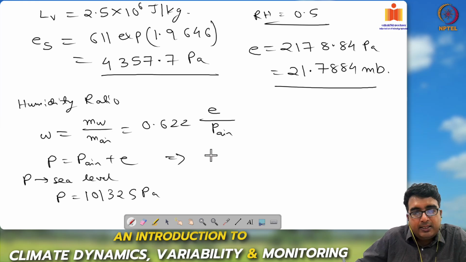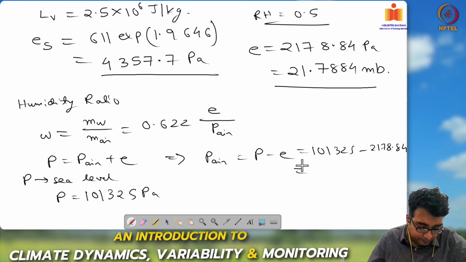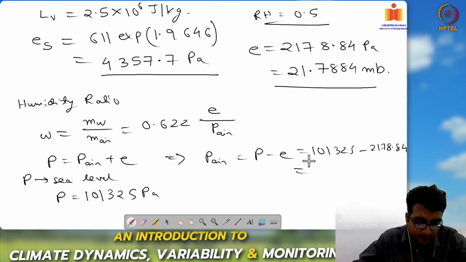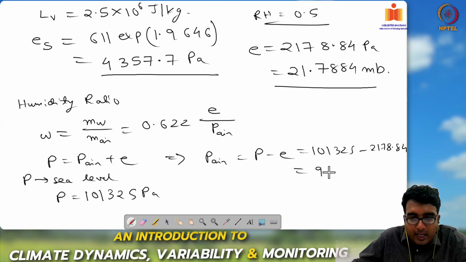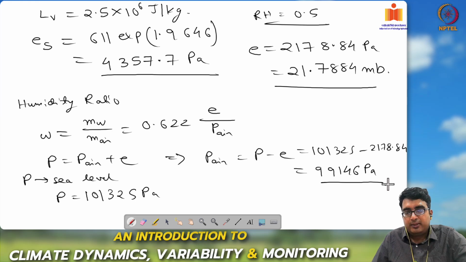So this implies P of dry air is P minus E, which is 101,325 minus 2178.84, which is approximately 99146 pascals. This is your P of dry air.